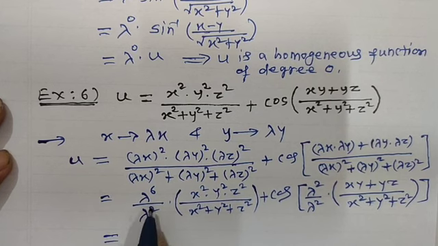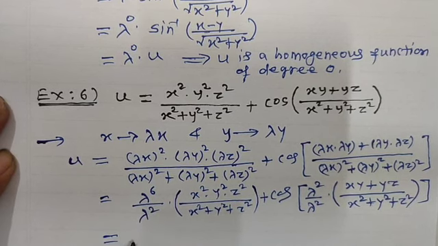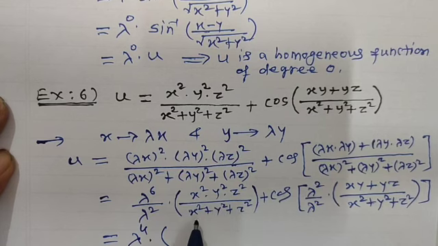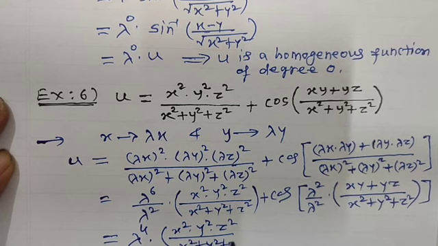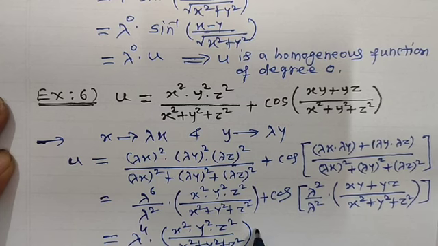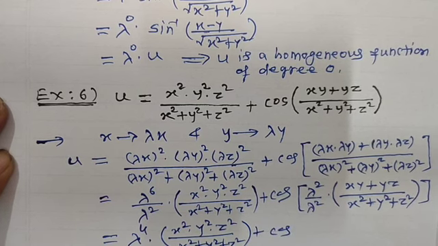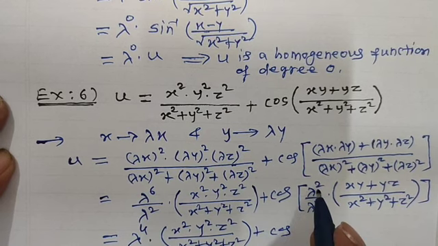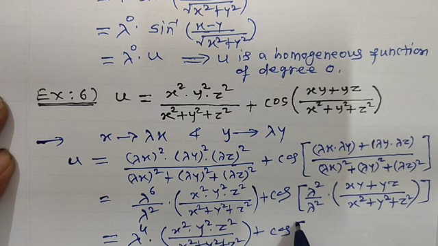this is equal to lambda to the power 6 divided by lambda square, that is lambda to the power 4, into x square y square z square divided by x square plus y square plus z square. This remains as it is, plus cosine function of lambda square divided by lambda square, that is lambda to the power 0, which is equal to 1.